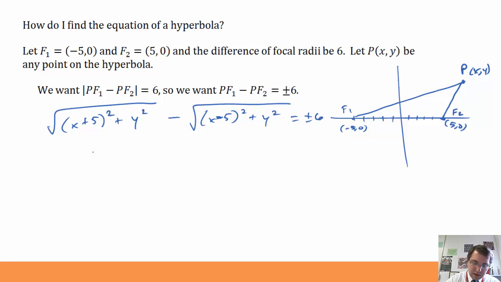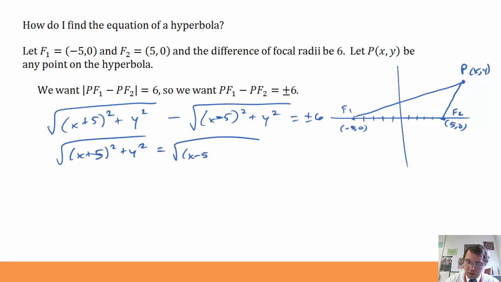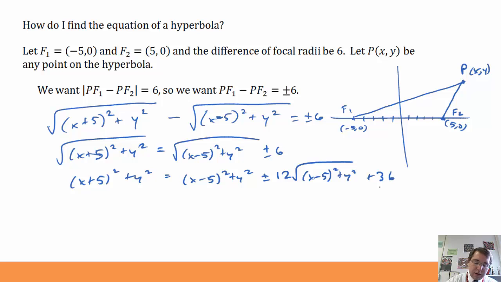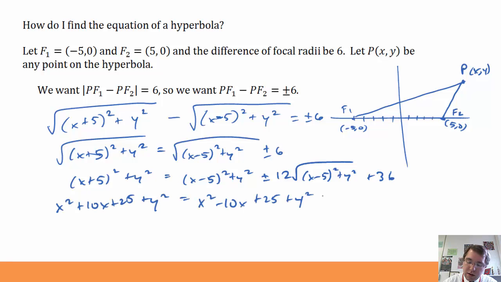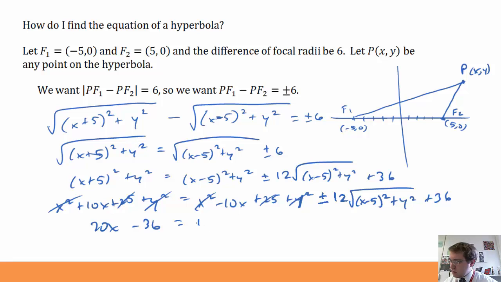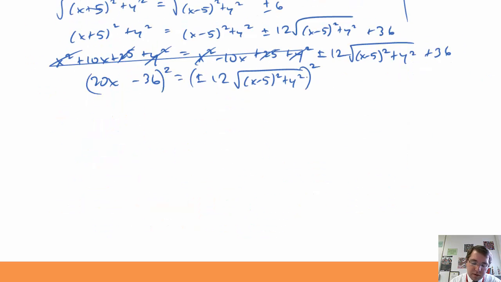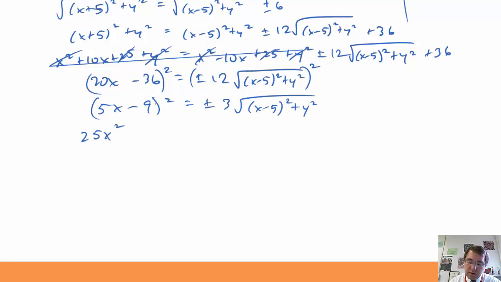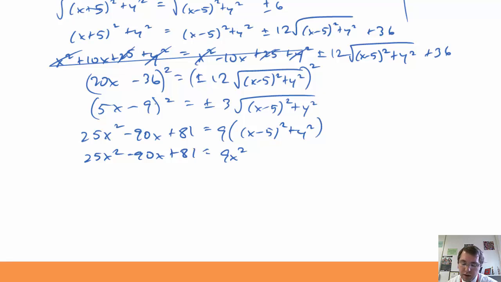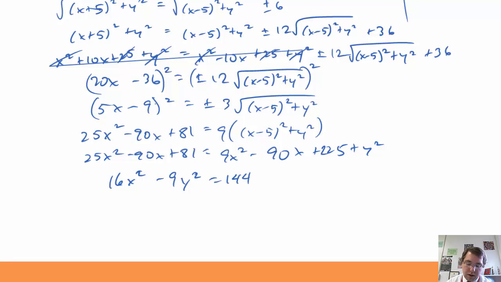So then, simplifying to 16x squared minus 9y squared equals 144.